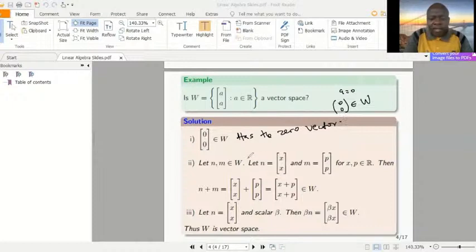Now let's check the closure property under addition. What I know is that if I take an element like (1, 1) as x, and take y as another element (2, 2), and add x and y, I get (3, 3).